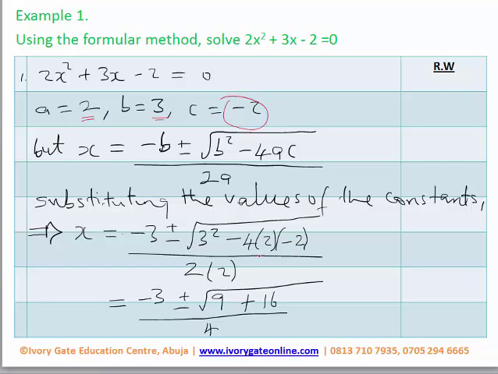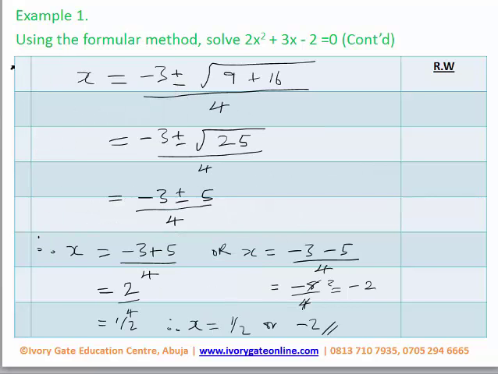So we plug it in here, we simplify, and we get this. Okay, the next stage, simplifying further, we get the discriminant to be 25. Square root of 25 gives us plus or minus 5. Then we take the plus and solve as one, we take the minus and solve as the other.